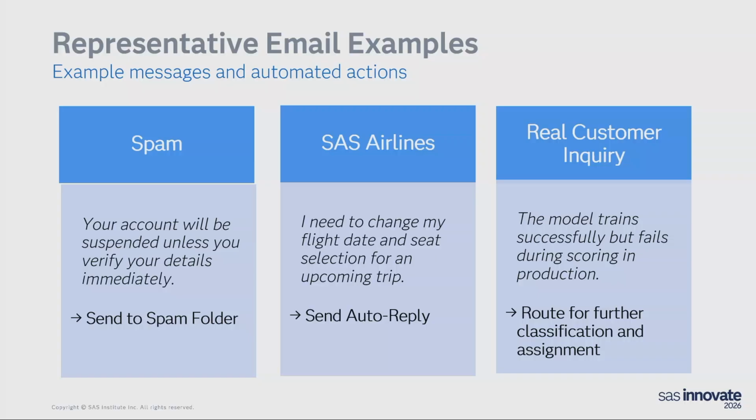The one on the left is something we don't want to end up in our support queue, which is spam. So the goal is not really just classification for its own sake. The goal is to take every single type of email and route it to the correct action, whether it is filtering it, redirecting it, or routing it forward.